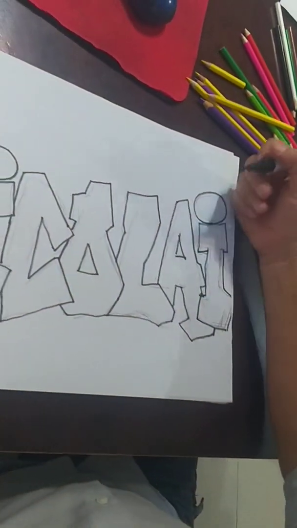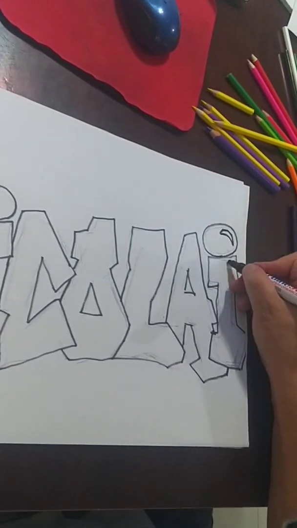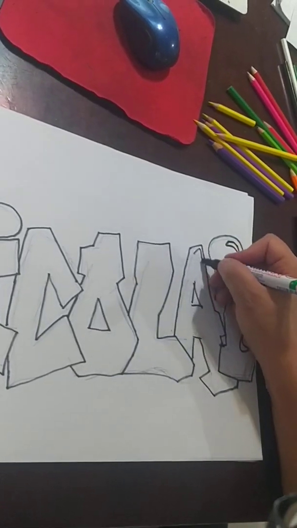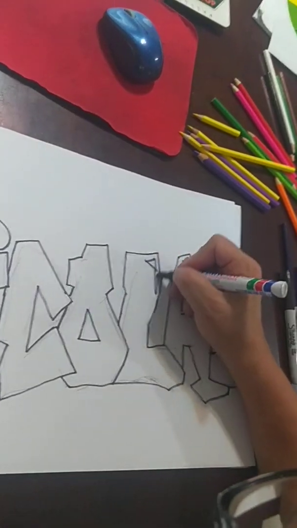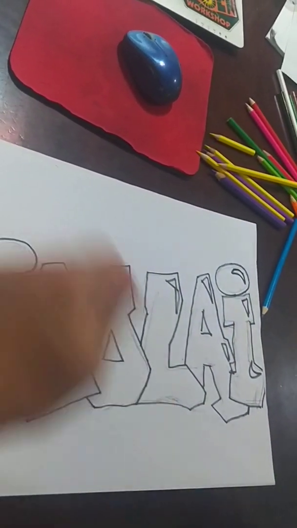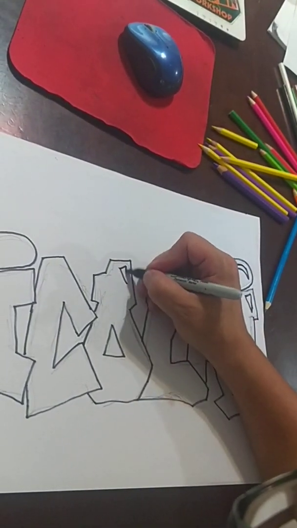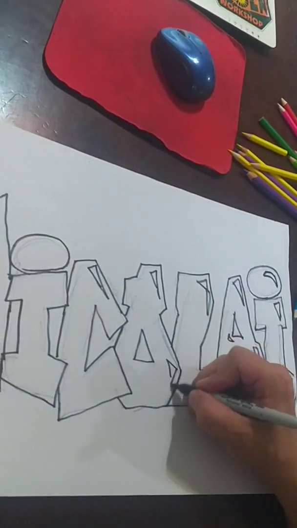Okay, first thing, where is the light coming from? So let's keep it nice and consistent. Light is coming from the top right hand corner. The first thing you put in is some reflections. The second thing you're going to put in is shadows.